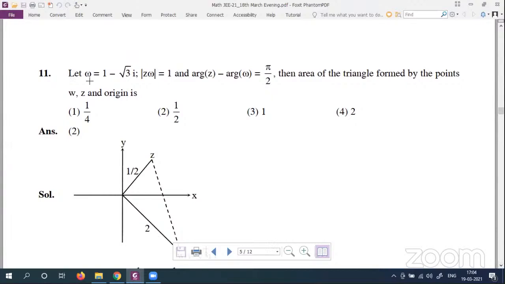So the next one, the value of omega is given in the form of a complex number, and mod z times omega is given as 1. And the relation between their arguments is given.